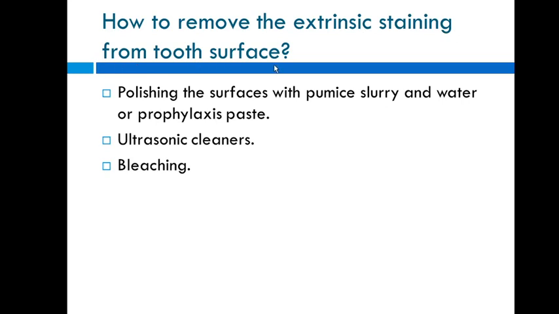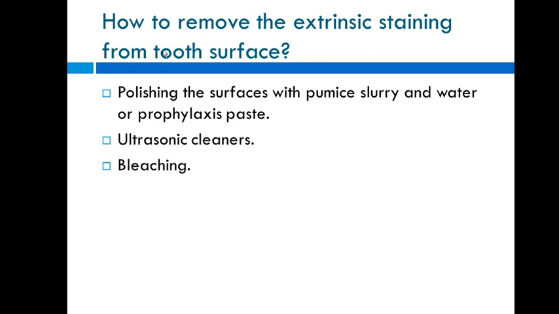from a tooth surface. If a patient comes to the clinic with extrinsic stain, from external, not an intrinsic one, what do we do? We polish the surface with pumice slurry and water or prophylaxis paste. The second choice, we use an ultrasonic scaler. The final method for removing the extrinsic stain is bleaching.